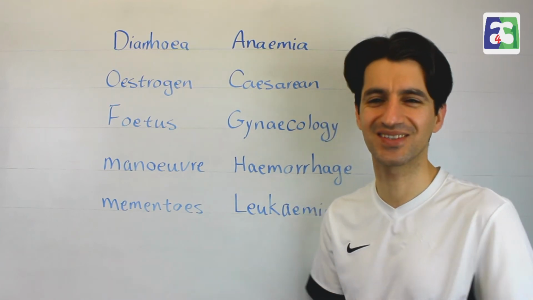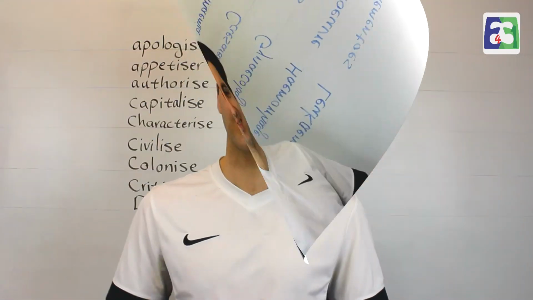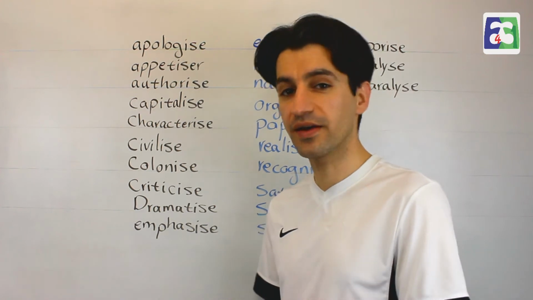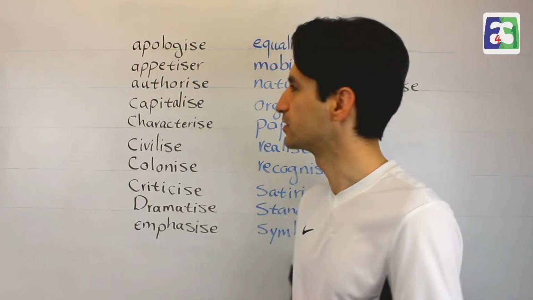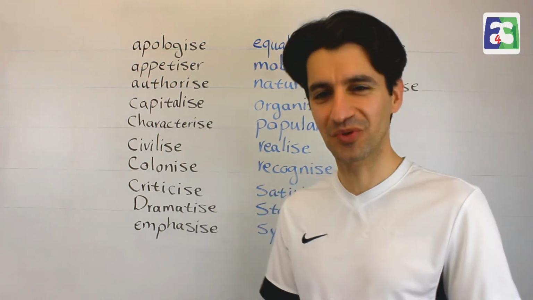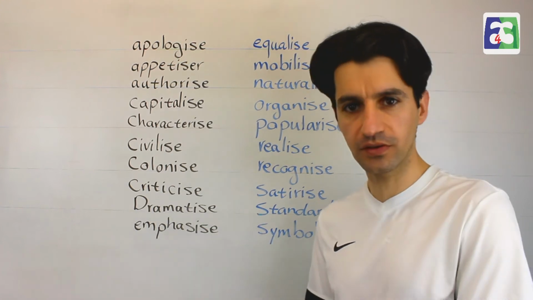Alright, so these are the ones. Now let's move on to the other group. Okay, now the sixth group. The sixth group are the words that end in ISE in British English, and of course they end in IZE in American English. I've got 23 words over here.